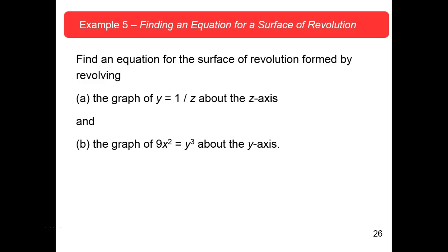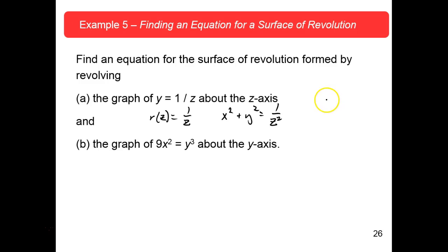Well, this is going to be your radius function, so your r of z is going to be 1 over z. And once you know that, then you say x squared plus y squared is equal to 1 over z squared. I think this is all there is to it.